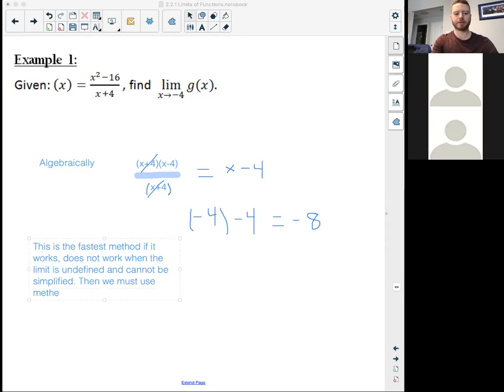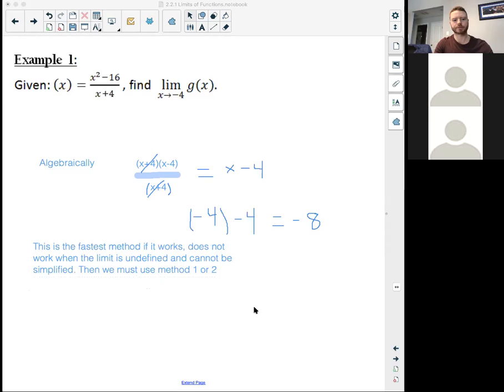Then use method 1 or 2. All good there? Okay. Perfect.